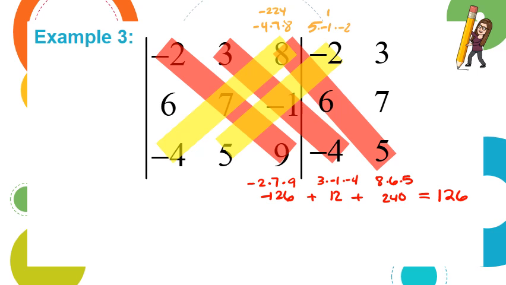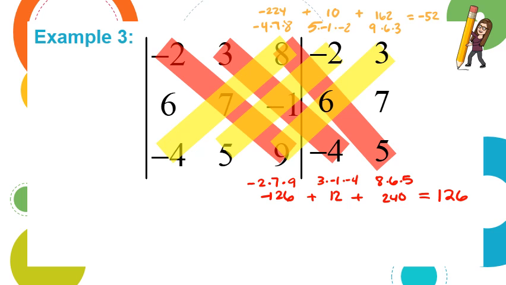So that gets us to our +10. And our third diagonal is a 9 times a 6 times a 3, which gets us to 162. So those diagonals need to become one diagonal value. So I need to combine those to get my total of -52.